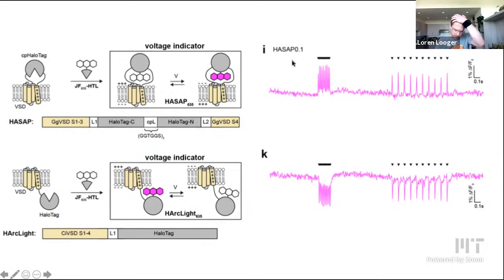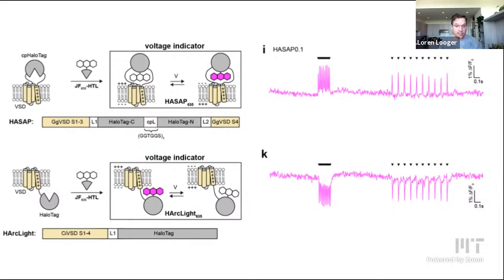Awesome. I mean, JR Gecko 1A does work pretty well under 2-photon. I mean, the reds are obviously way more complicated than the greens. You get things like, they blink, they're much less photostable than the greens.